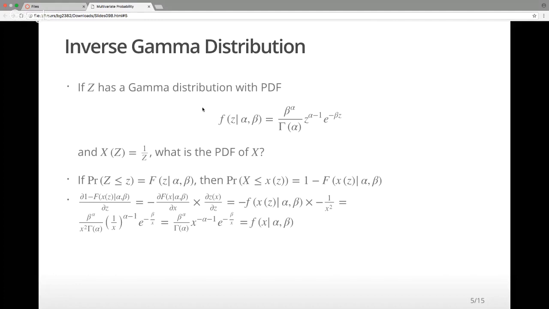In general, a rule that always works is to take the PDF written as a function transformed into the one that you know, multiplied by the absolute value of the derivative, and then you don't have to worry about which way the sign goes, because a PDF has to be a positive function. If your PDF is ever negative, you're doing something wrong. So just multiply by the absolute value of the derivative, and you're good.